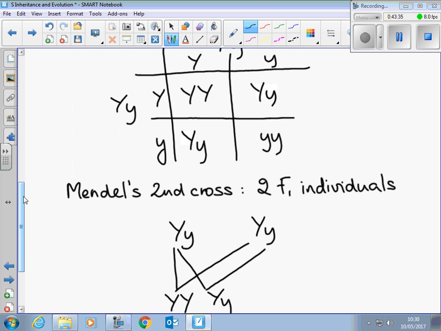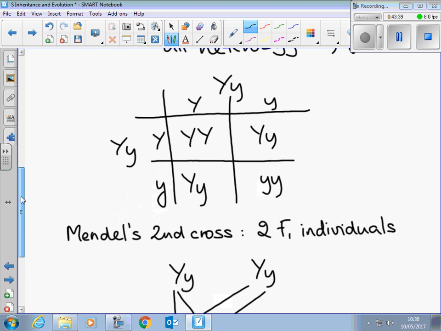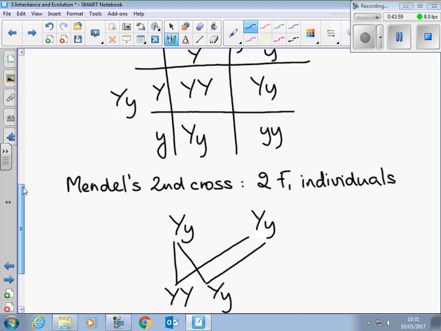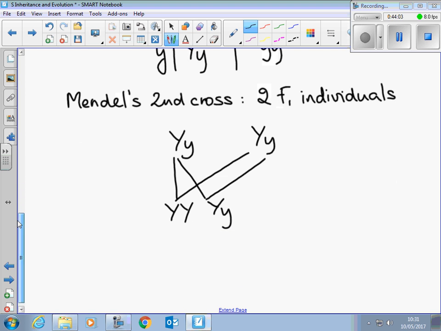Sorry, I was just thinking, why do I remember drawing this? Yeah, that's the second cross then. I should have done big Y, and big Y, little y. Sorry, big Y on one side, one edge, and little y on the other, shouldn't I? Right. So yes, that actually comes with this one. My brain was ahead of... no, my hand was ahead of my brain, wasn't it?